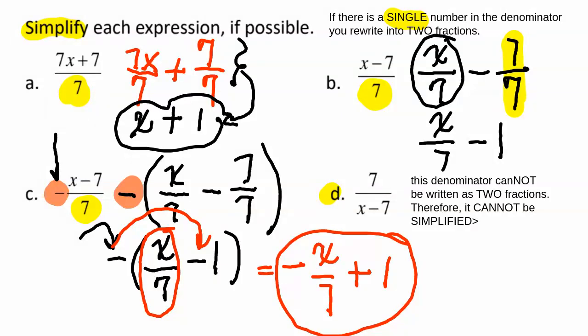This is my answer for C. And the key is it's only possible to simplify if I have a single number or term in the denominator. Okay? Any question with this?